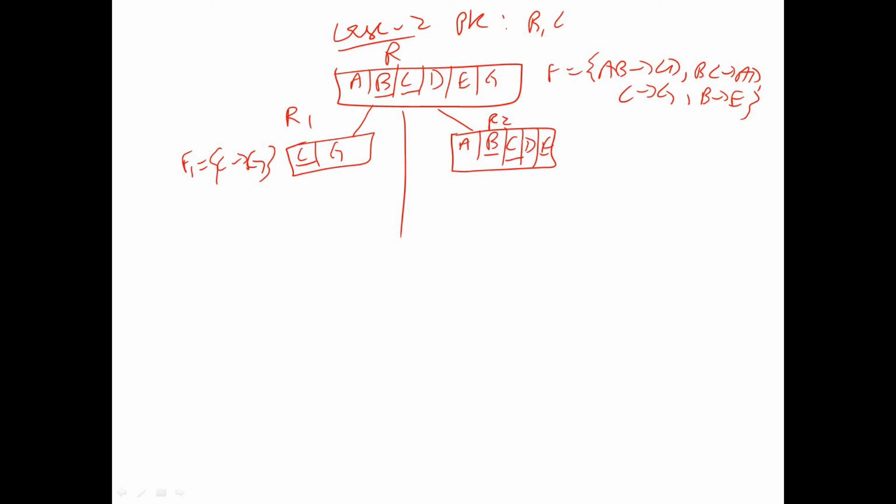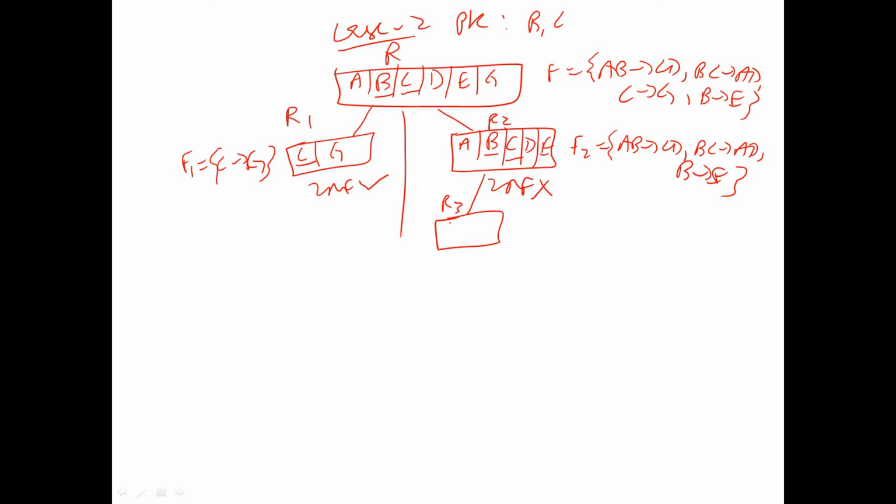BC is the key. Now you see in F2 I am having the functional dependencies AB to CD, BC to AD, and B to E. Again B is part of the key. E is the non-key attribute, so this is creating the problem for 2NF. But R1 is present in 2NF. So since B to E is creating the problem, I'll separate that out as another table, R3.